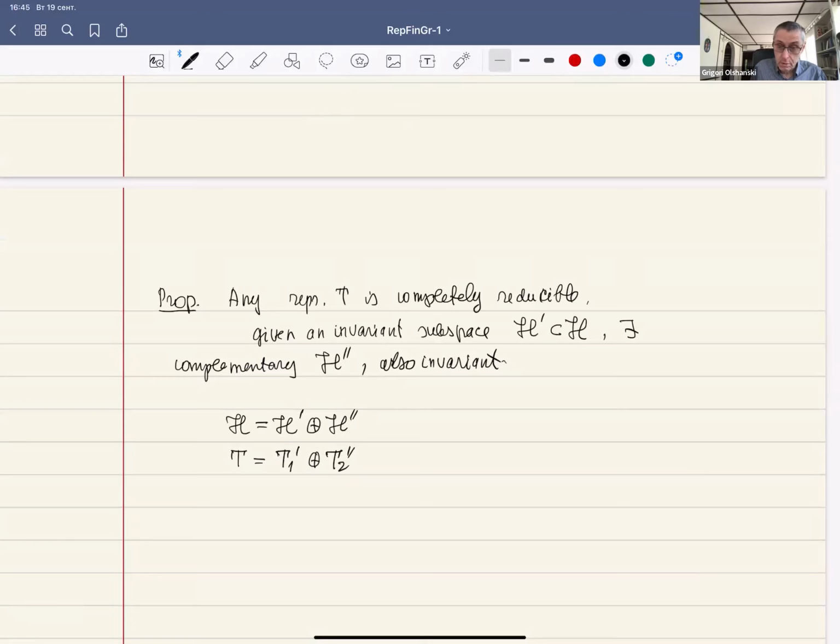And a little remark: we can assume T unitary. So we can assume that our space H has a scalar product. And then we can simply take the orthogonal complement.